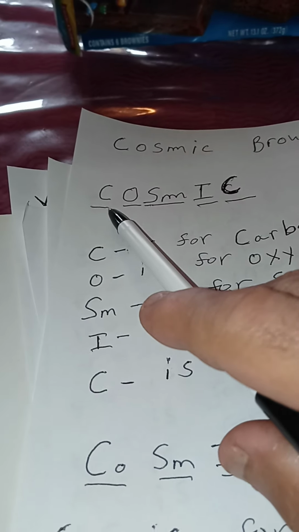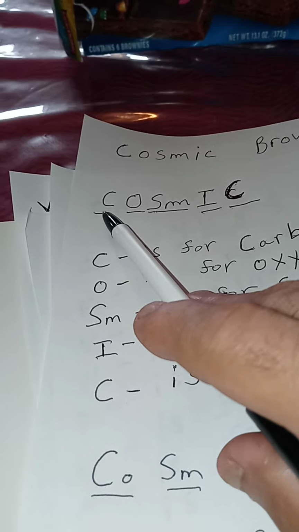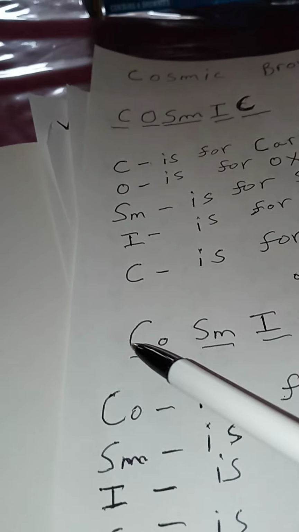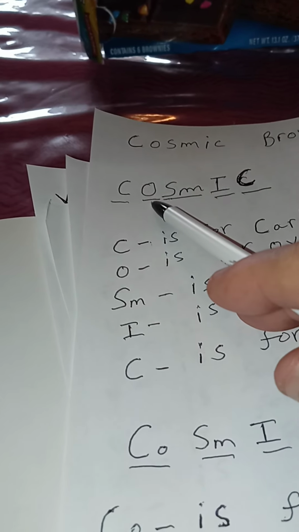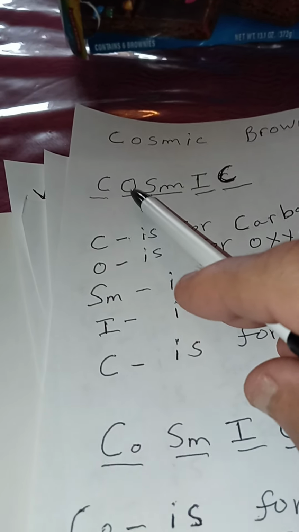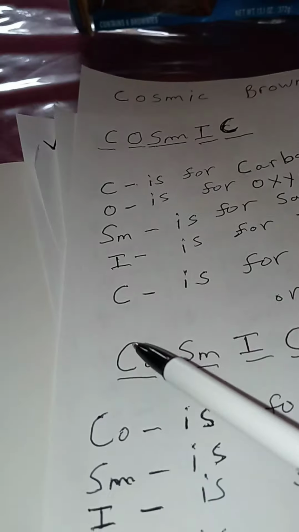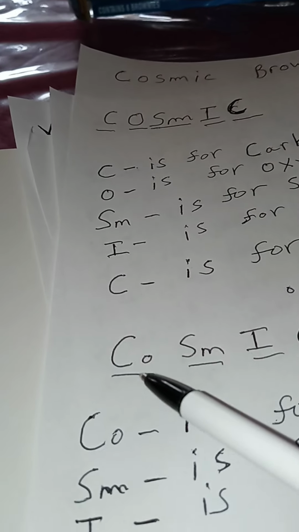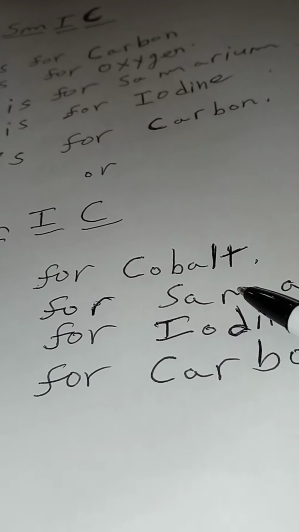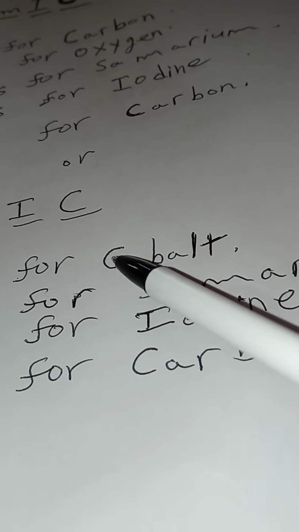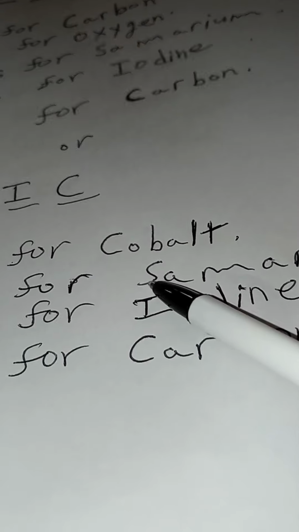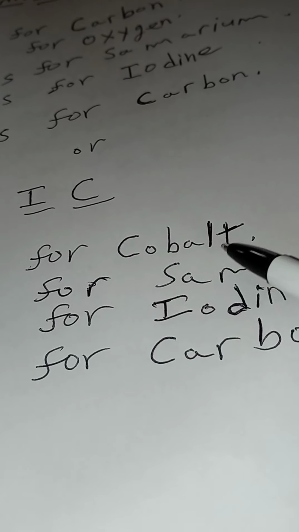But here, although we separated the capital C and the O, now we're going to put them together. So the O becomes a small lowercase o, and we get capital C and a small o. And that is the chemical symbol for cobalt, capital C O, COBALT.